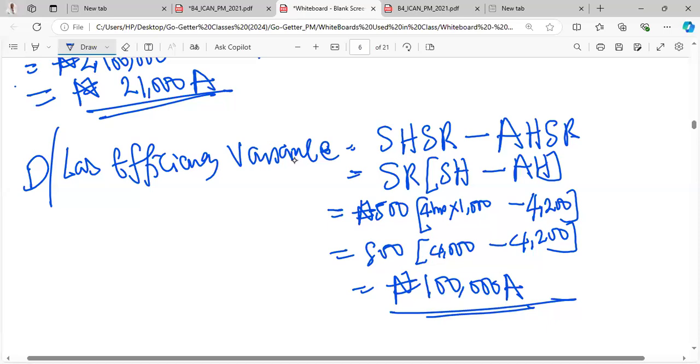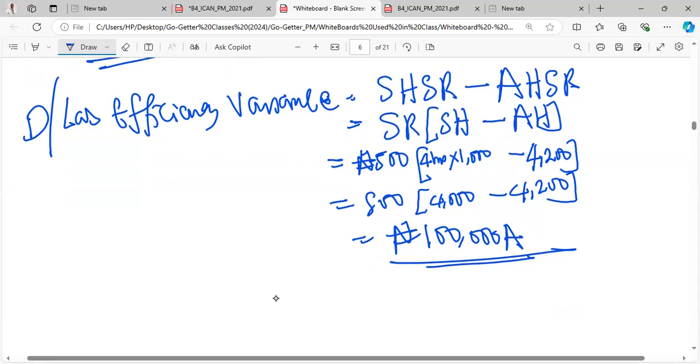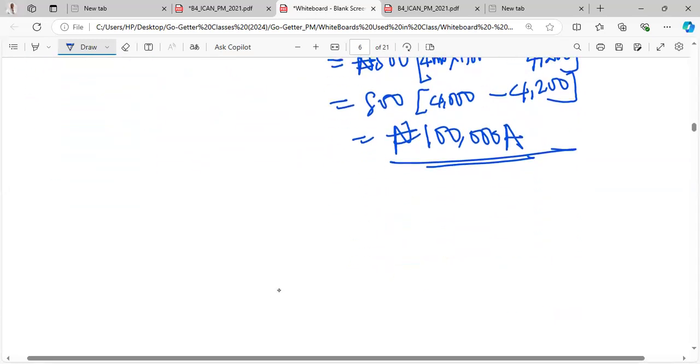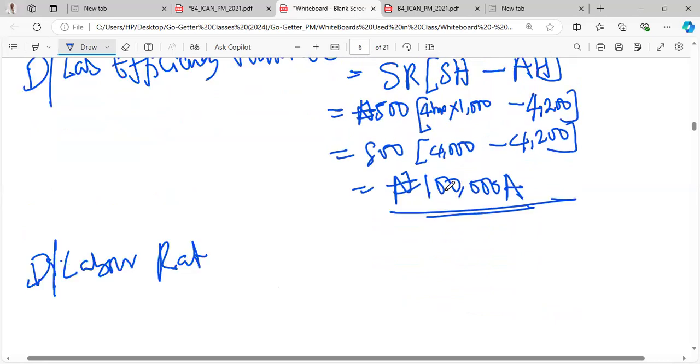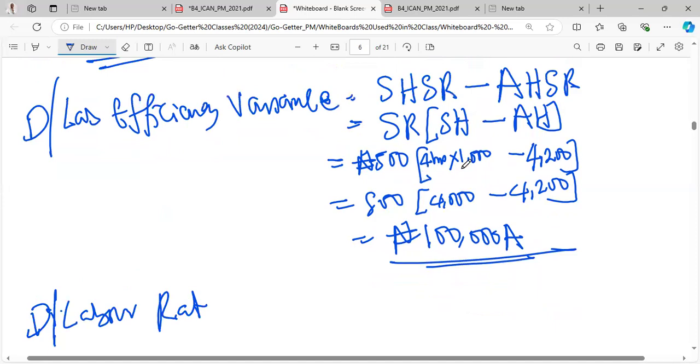Efficiency variance, adverse. Now let's look at direct labor rate. Okay, sorry, this is not the amount. This is not idle price. This is the number of hours they are supposed to spend doing the job.